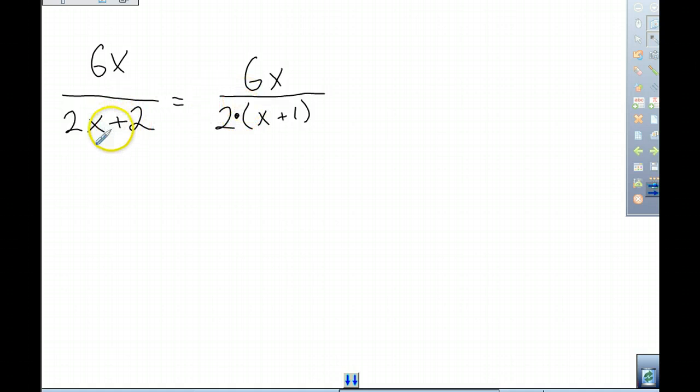So if you have addition here, you can change it into multiplication by factoring 2 times x plus 1. Now you can cancel it with something else being multiplied, like the 6 up here. So now the 2 and the 6 do cancel, and you'd have 3x over x plus 1.